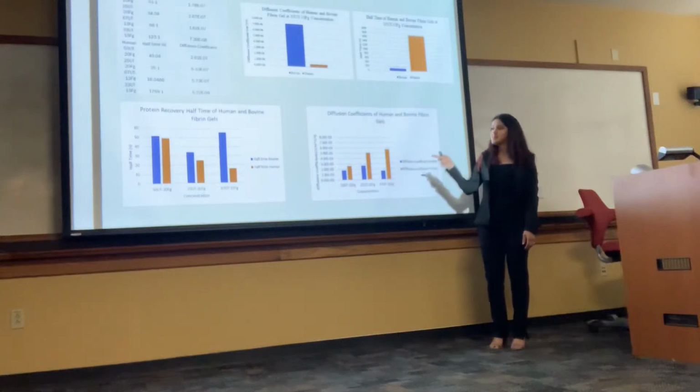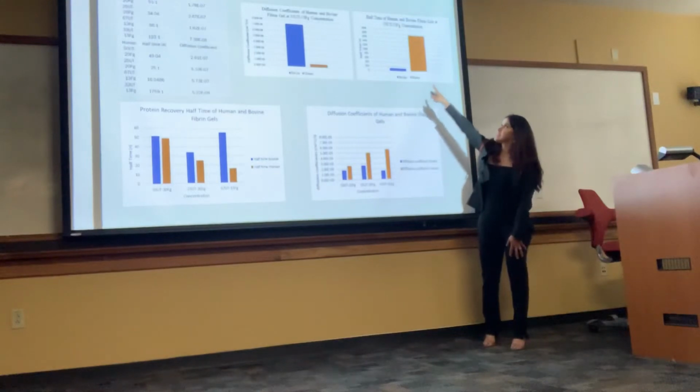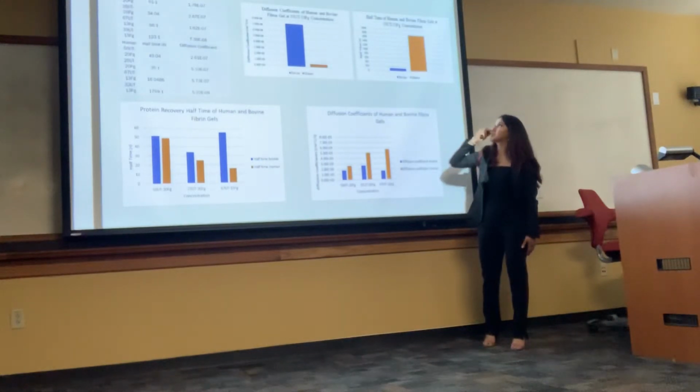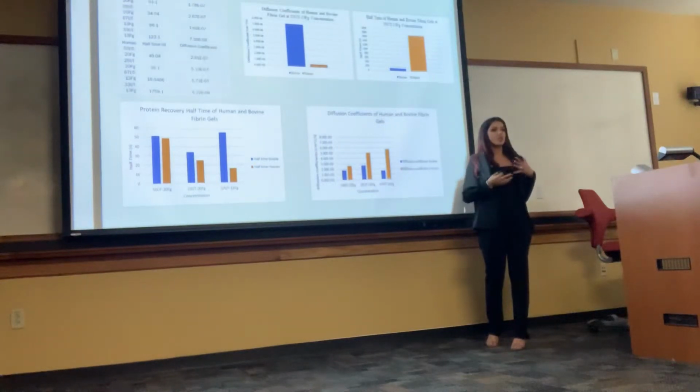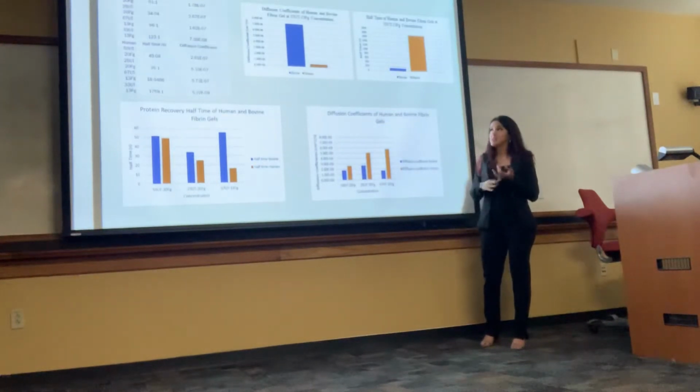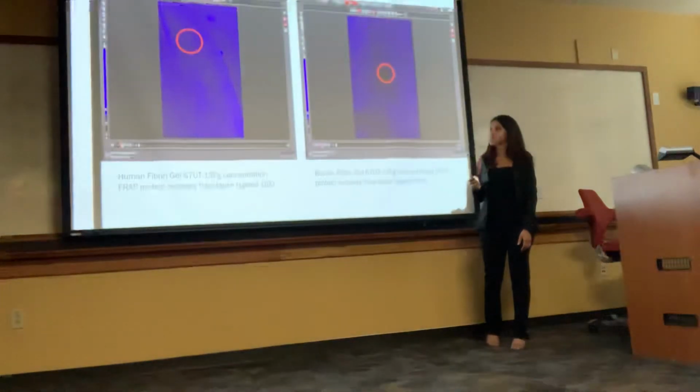This was seen for all concentrations except this specific concentration over here, 33 units of thrombin to 13 of fibrinogen, which resulted in the slowest recovery time and the lowest diffusion coefficient. So that concentration specifically wouldn't be very effective for protein diffusion.